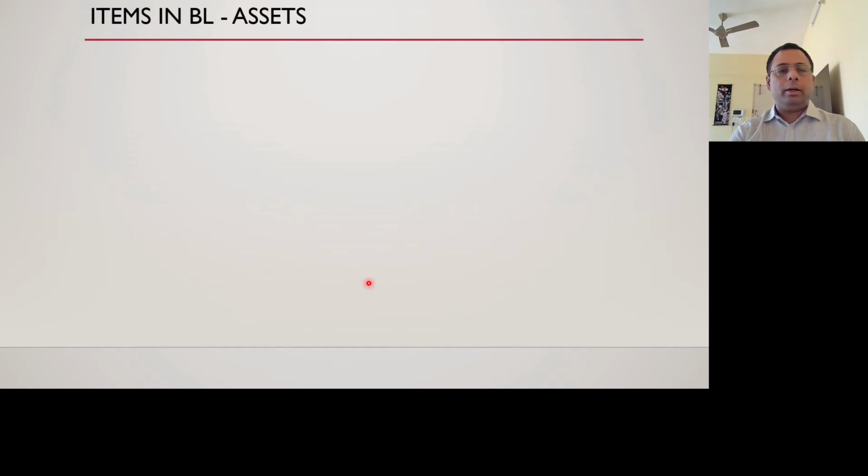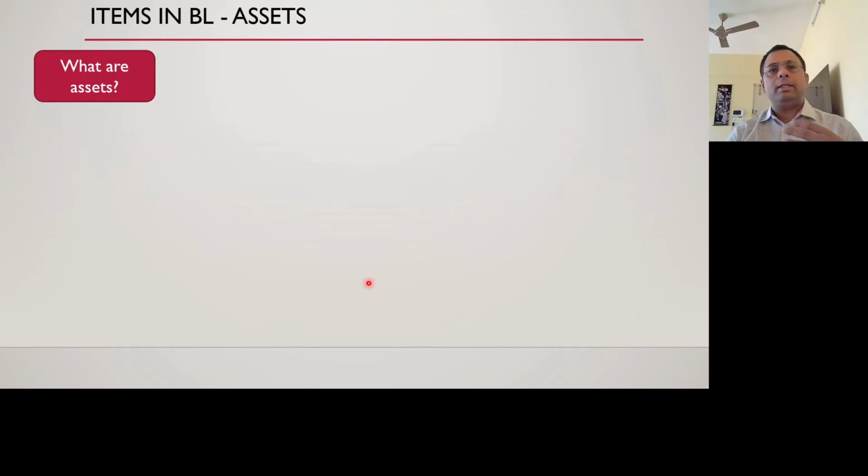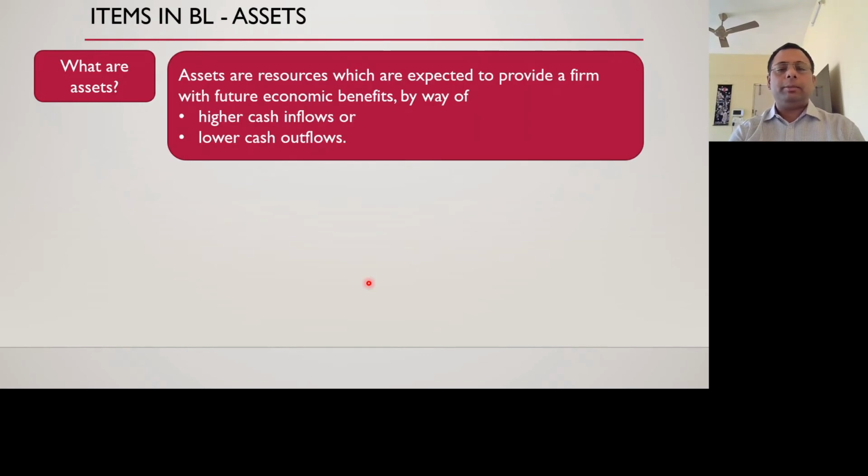Now, what are assets actually? What we have seen is the liabilities and equity side of the balance sheet, and this topic is about what are assets, on the other side of that balance sheet that we have seen. Assets are something which are going to provide some benefit to the firm in an economic way, whether it is higher cash inflows or lower cash outflows or whatever.